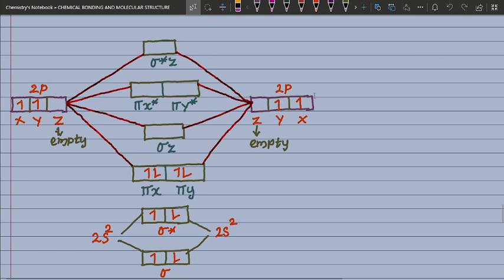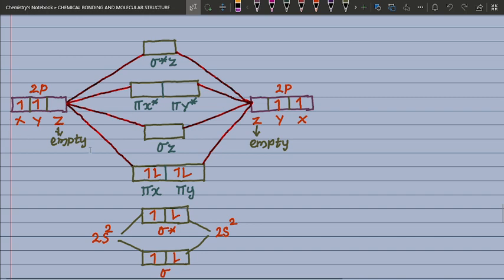See the 2p orbital. Here 2 electrons at y and x. Z is empty. Same thing here. So in the 2p orbitals, here 2 electrons at x and y, so z is empty. Here these 2 orbitals are donating the 2 electrons.